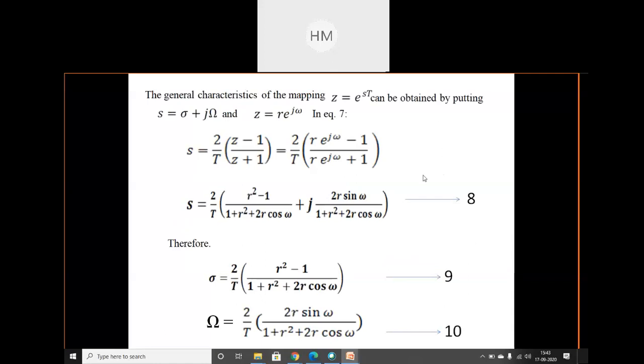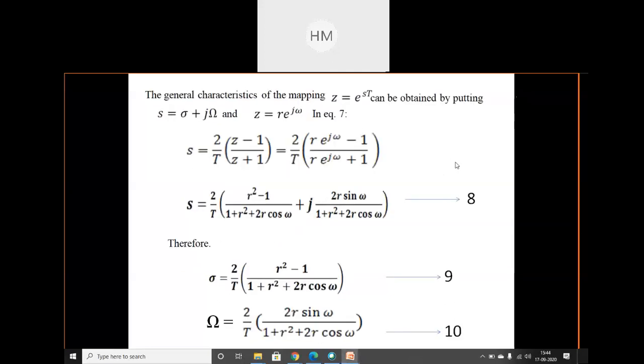Write down the general characteristics of the mapping. The general characteristics of the mapping z is equal to e to the power sT can be obtained by putting s is equal to sigma plus j omega and z is equal to r e to the power j omega in equation number 7.